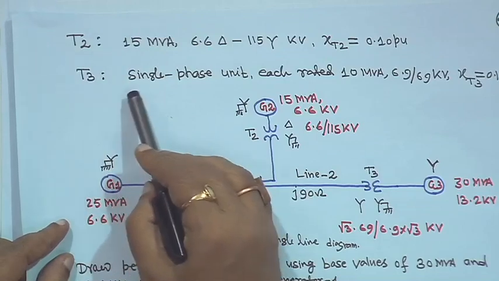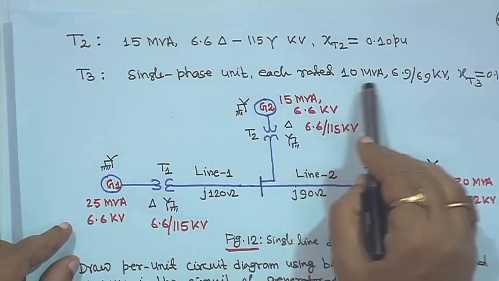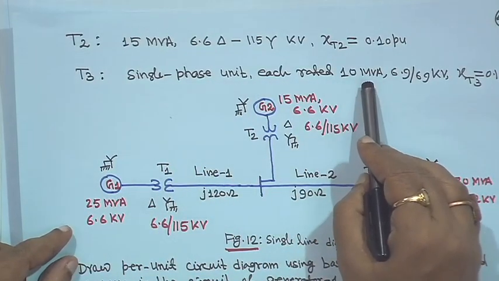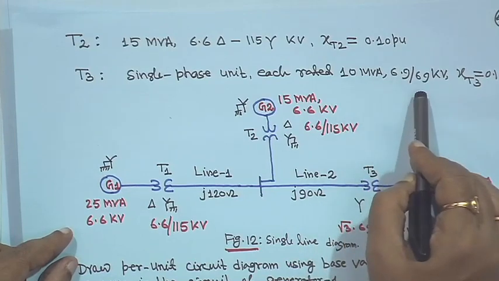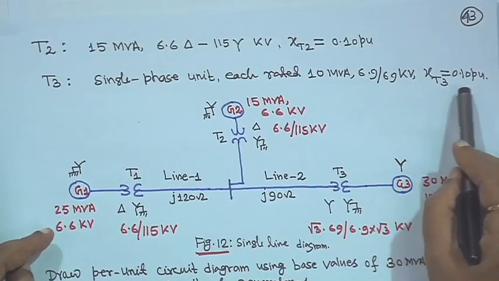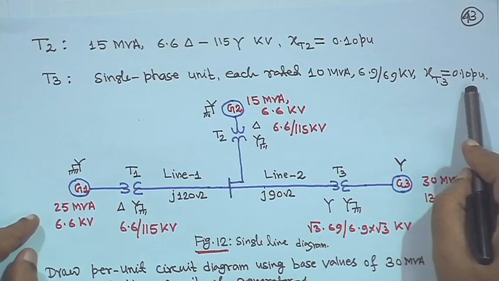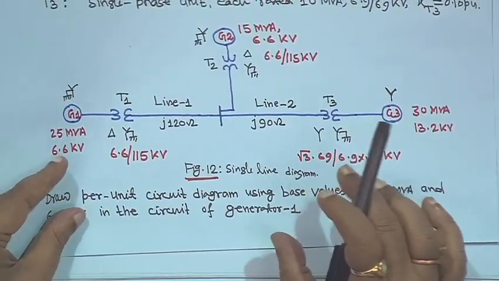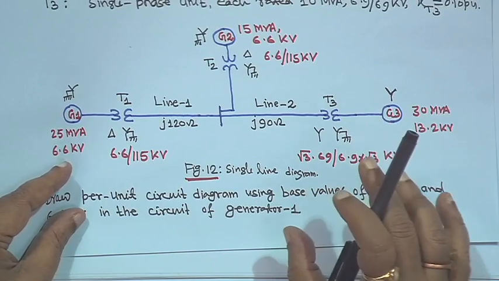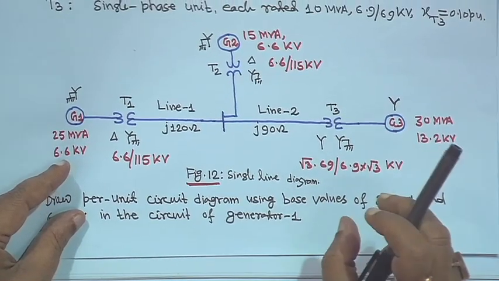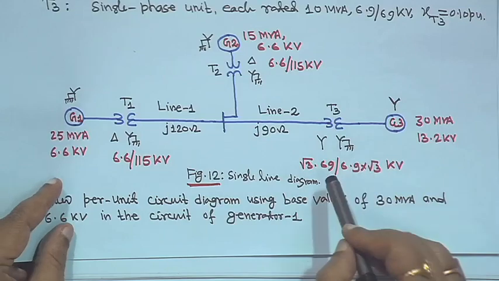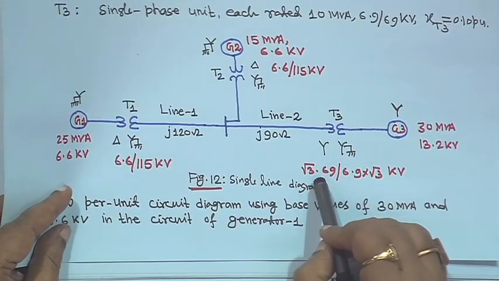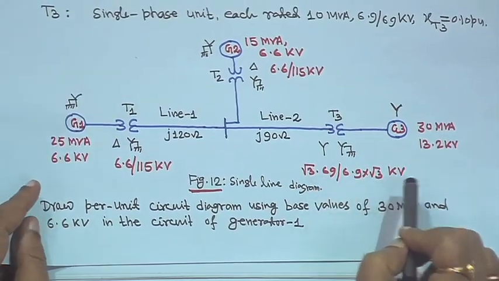Transformer T3 is a single phase unit, each rated 10 MVA, 6.9 upon 69 kV, and XT3 is given as 0.10 per unit. As it is three single phase transformers connected as a 3 phase transformer, for line to line voltage you have to multiply this one by root 3 and this one by root 3 kV.